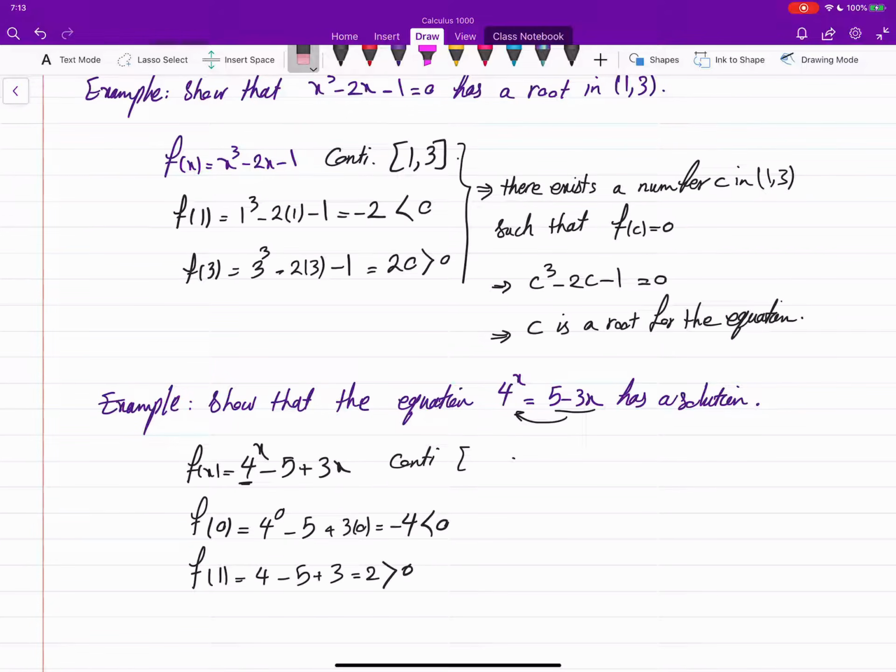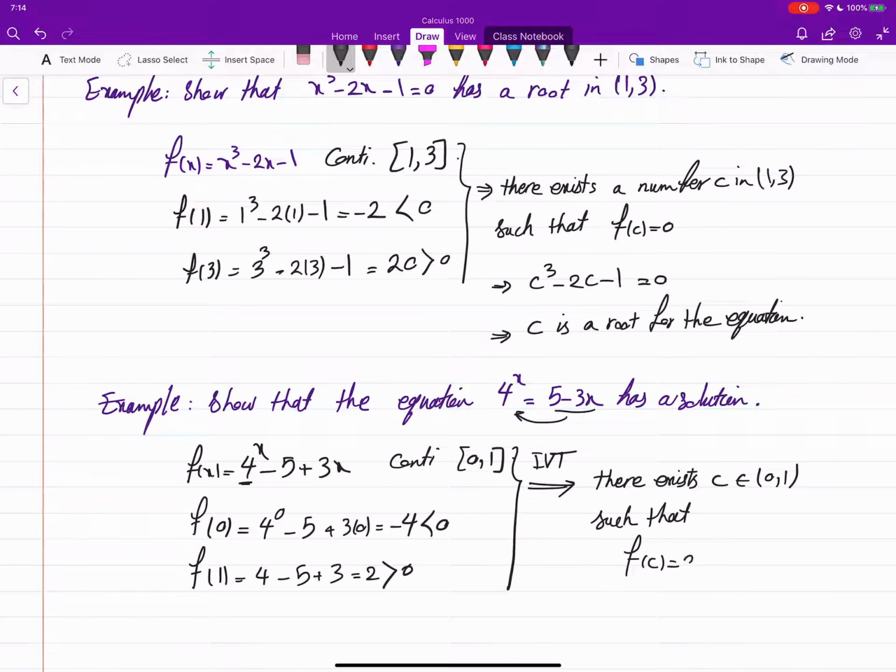So the function is continuous on any interval. Now I can make it very specific. On the interval 0 to 1, f of 0 is negative, f of 1 is positive. As a result of IVT, there exists c in this interval such that f of c is equal to 0.